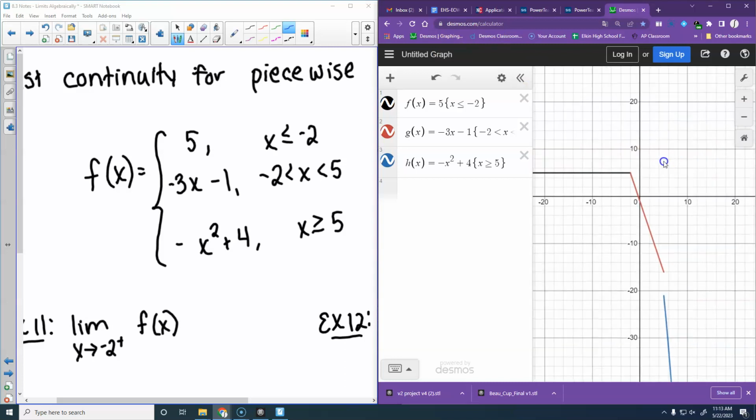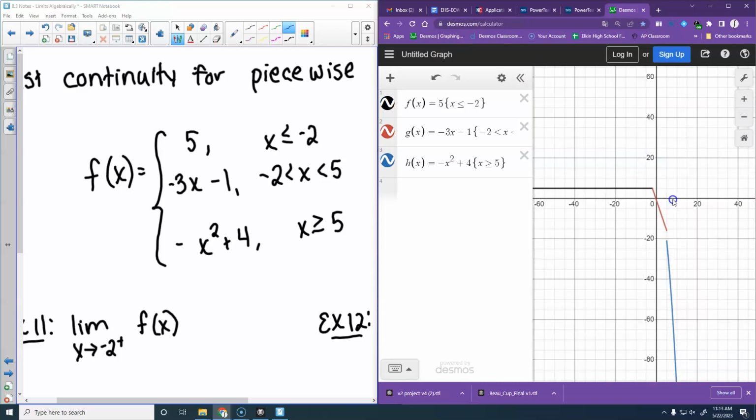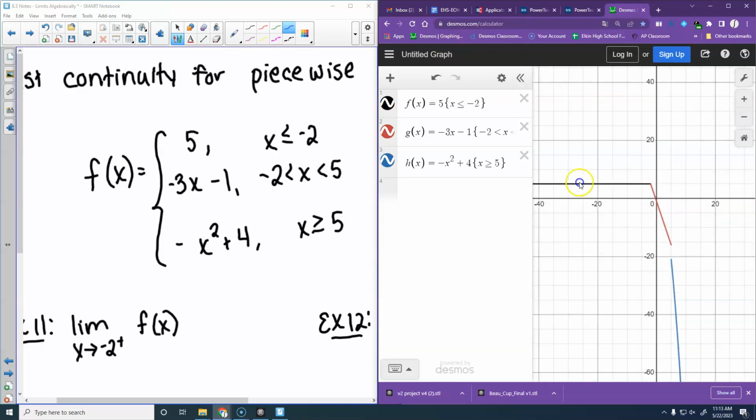But if we look at our graph here, we have got a horizontal line, we've got a piece of a slanted line, and then we've got part of a quadratic here. It appears, just from the graph, that these are going to meet right here. Does not look like that's going to happen at x equals 5, right?